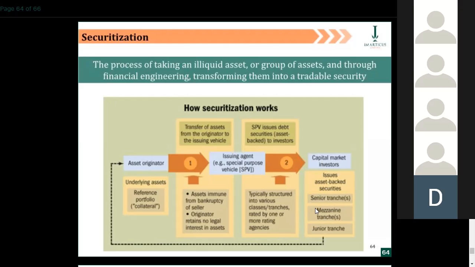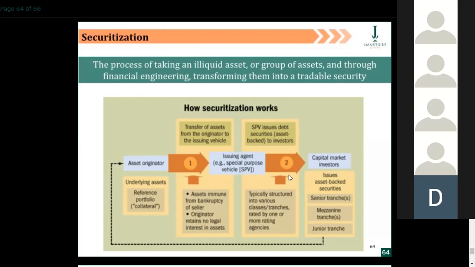The first tranche is called the senior tranche, the middle tranche is called the mezzanine tranche, and the last one is called the junior tranche. In most cases, the junior tranche remains with the bank, meaning the commercial bank we are referring to here, not the investment bank.